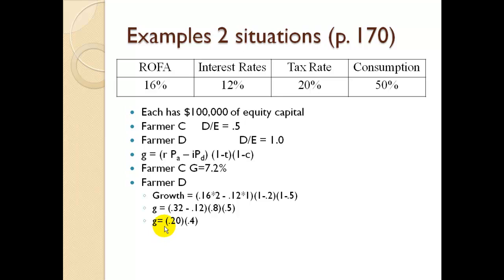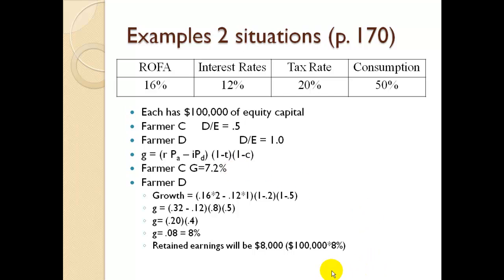In this case, we're getting 20% as a return, and multiply by the 40% that we're keeping, or 0.4. And so our expected growth rate here is 8%. The retained earnings will be $80, $1,000 times 8%, where before for farmer C it was $72.